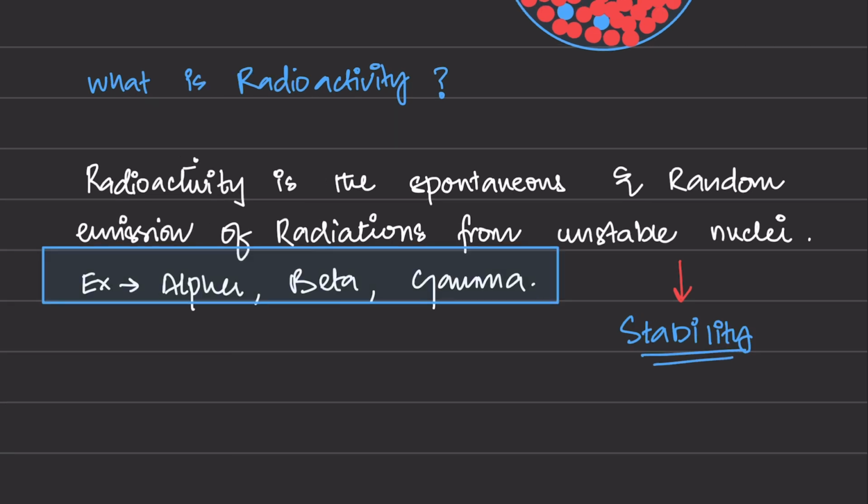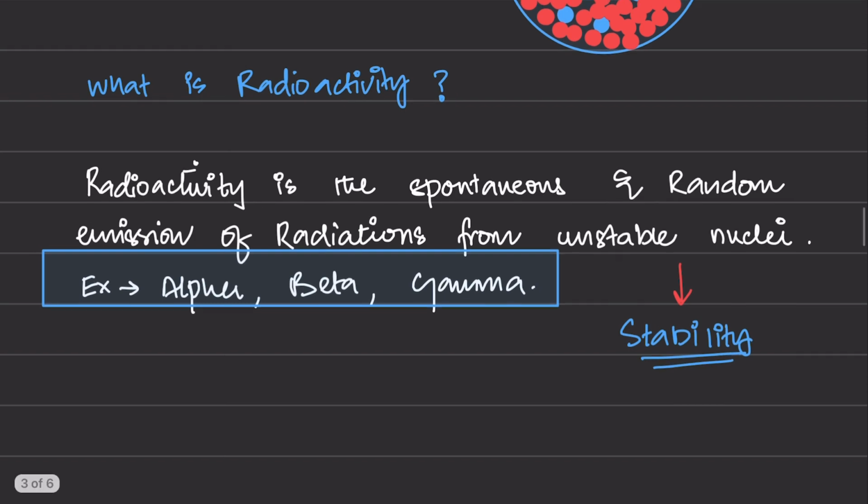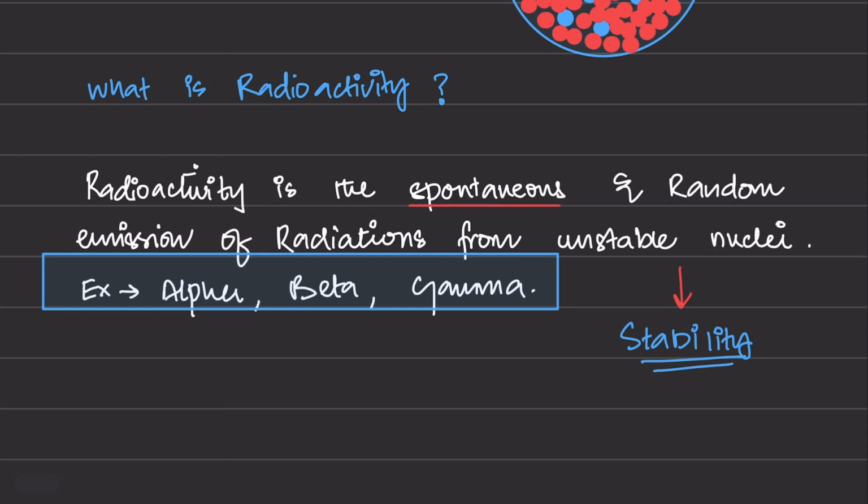So that's what radioactivity is, that's what radioactive decay is: the spontaneous and random emission of radiation from unstable nuclei. Now, what do we mean by spontaneous and random? Let's dive into that part a little bit. Spontaneous means that this emission can take place and it's not affected by anything externally, like any external factors such as temperature change, electric or magnetic field, or pressure.